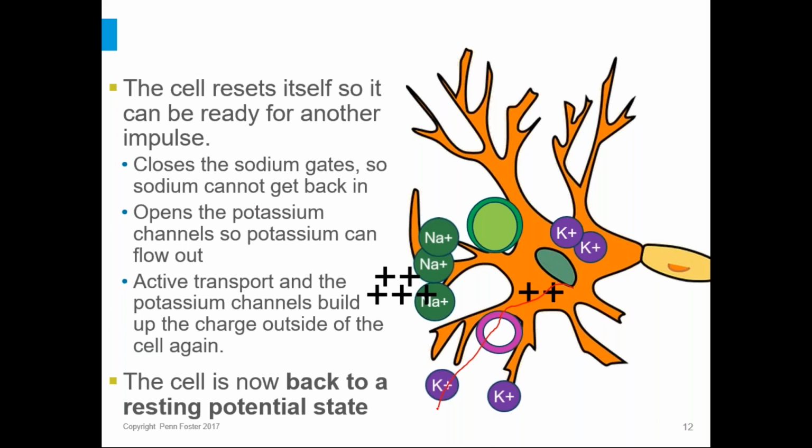And the cell is now again in a state with resting potential. So all we've done is go back from the action potential to the resting potential by closing the sodium gates and opening up the potassium channels. Now we're back to resting potential.